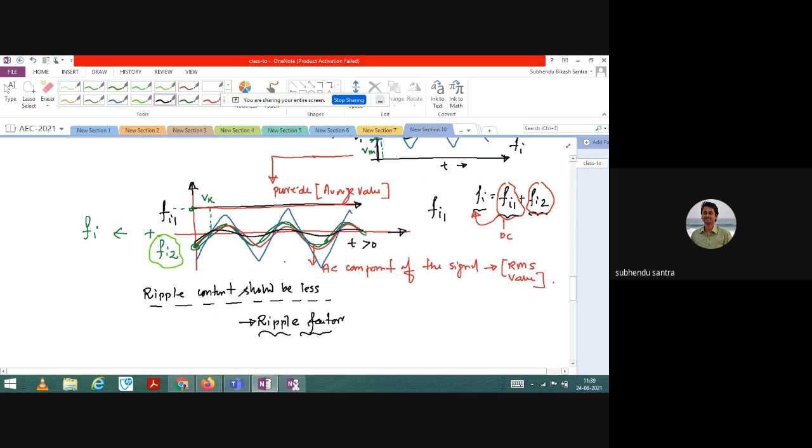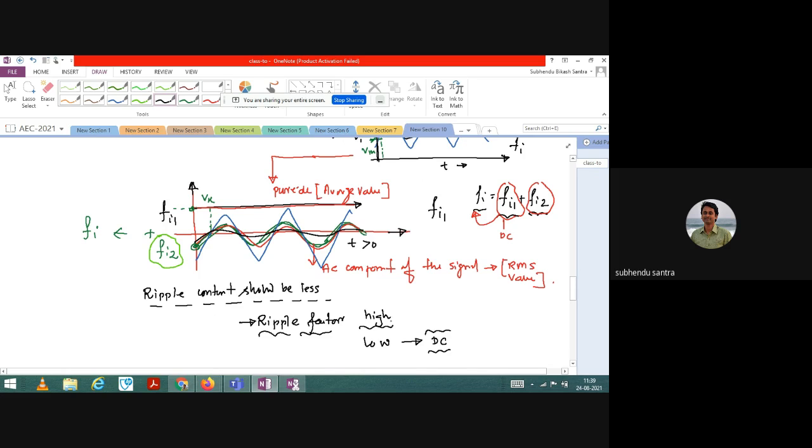In this waveform, if you have a high ripple factor, that means you have more AC component present inside DC. If your ripple factor is low, that means you do not have much AC component, so you can expect a better DC signal, close to a pure DC.